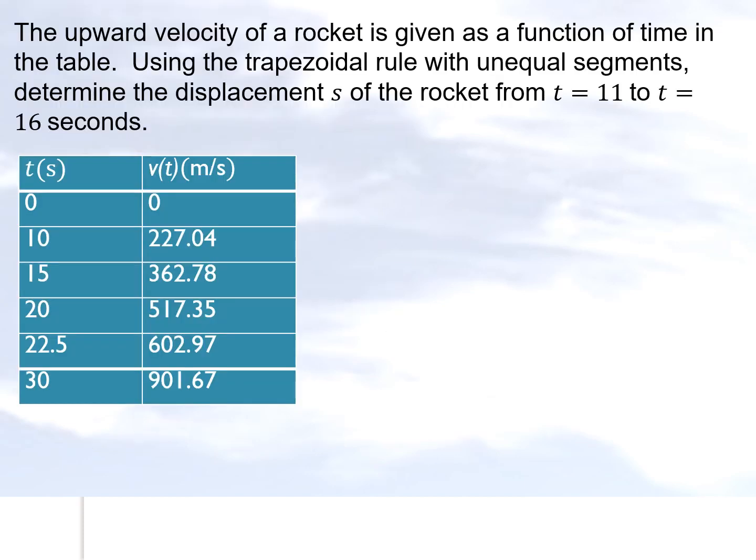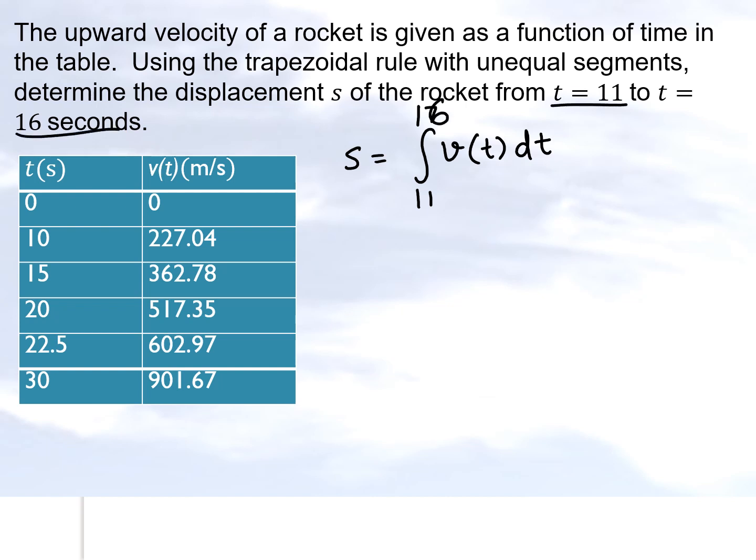So let's look through this example. Here we're asked to find out what the displacement is between 11 and 16 seconds. So we're going to take the velocity which is given to us at these different times, and we're going to find out what the distance covered is from 11 to 16 seconds.